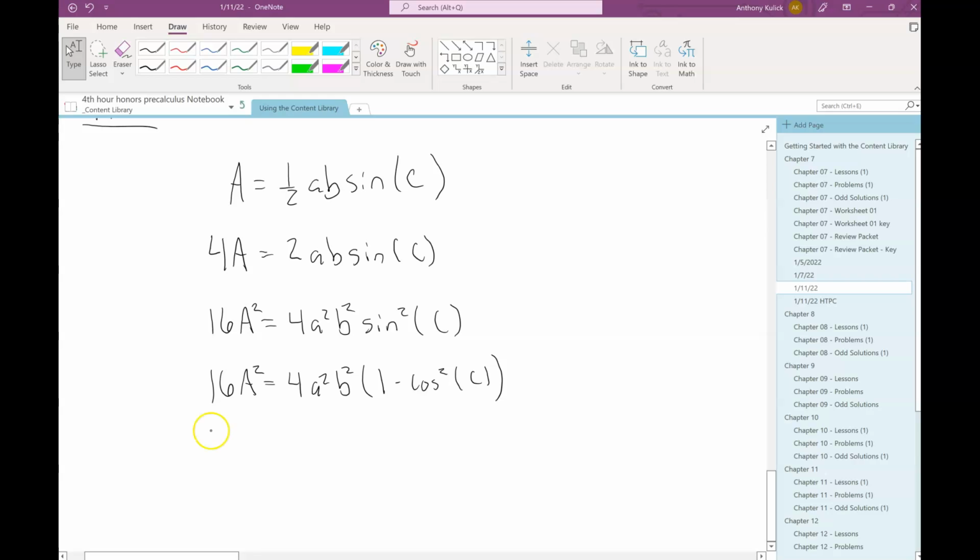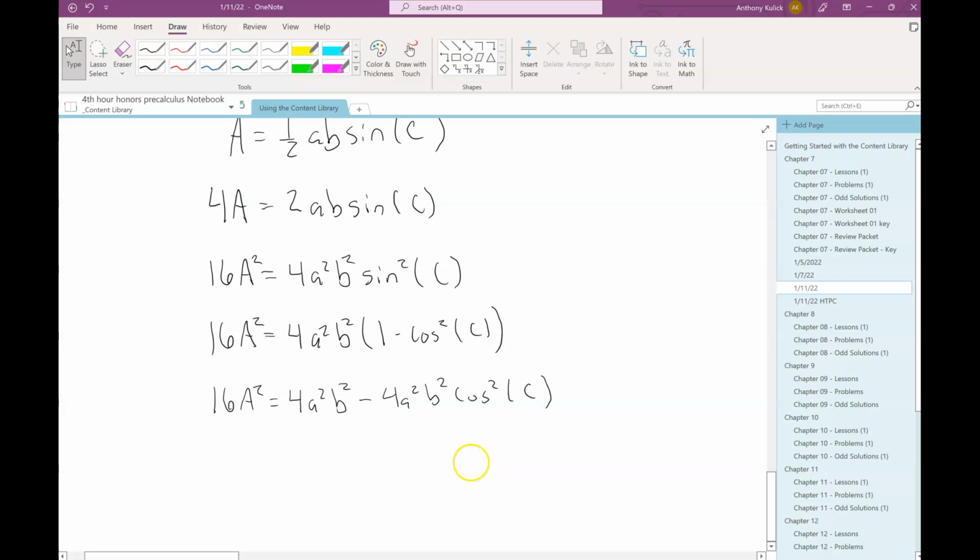And then we'll distribute the 4a squared b squared through. And if I look here at the right-hand side of this equation, I notice that what I really have is a difference of two squares.